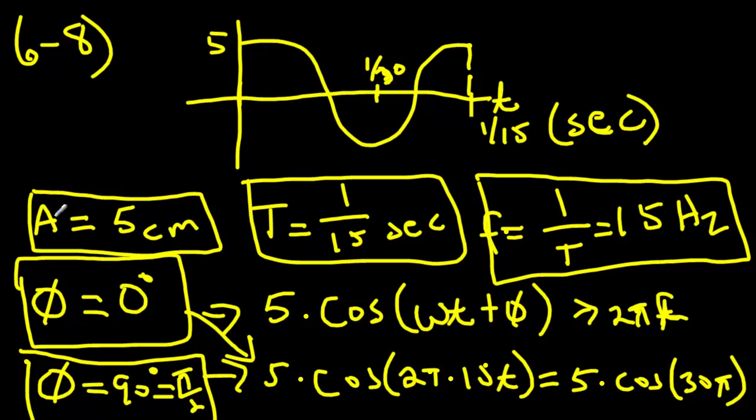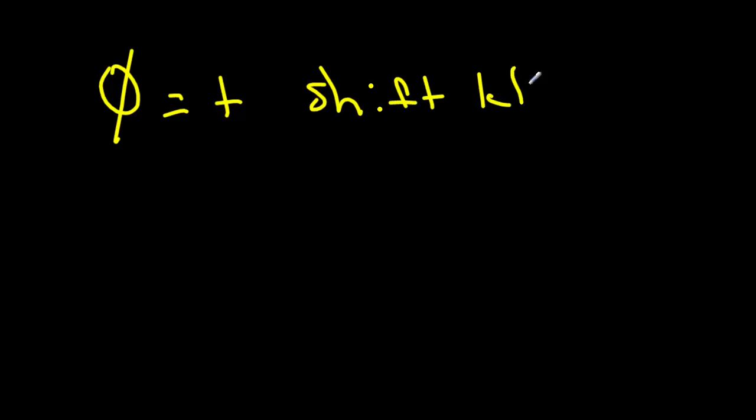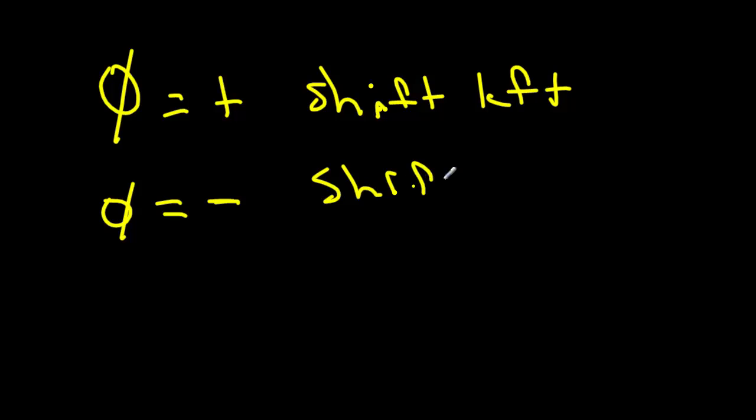One thing that I do want to mention is that if we have a positive phase shift, that means we're shifting to the left. If we have a negative phase, this is a shift to the right.